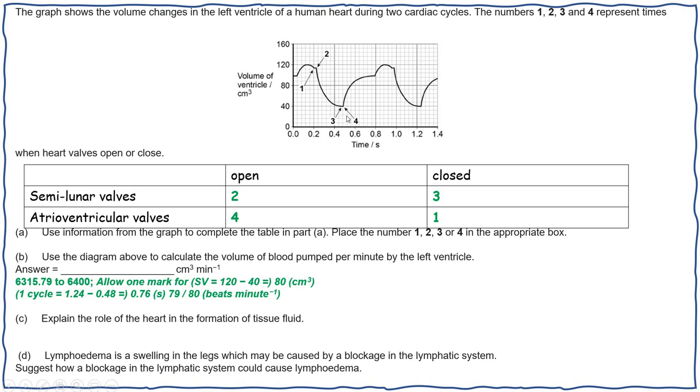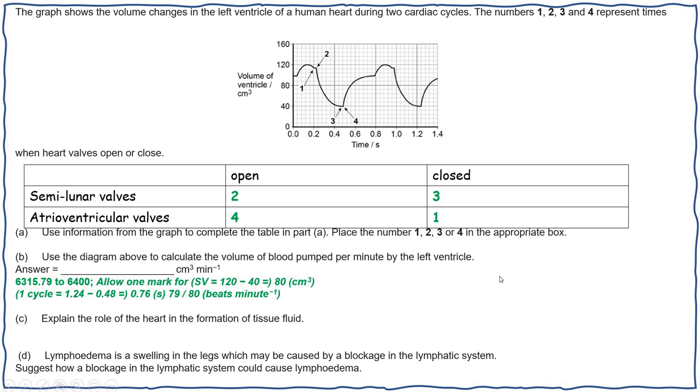And 1 cycle is 1.24 minus 0.48. You can see that's one complete whole cycle there. So 1.24 minus 0.48 gives 0.76. So then if you do 60 divided by 0.76, you get 80 beats per minute, and then you'll just do 80 times 80.